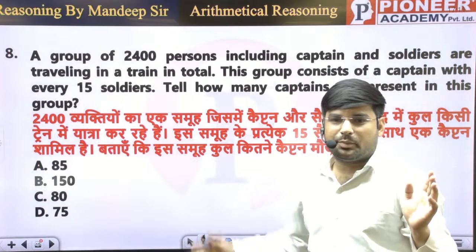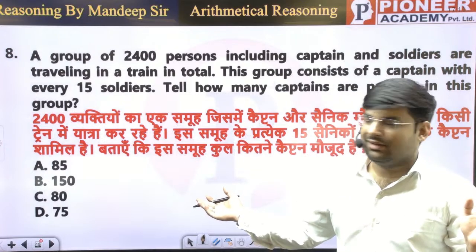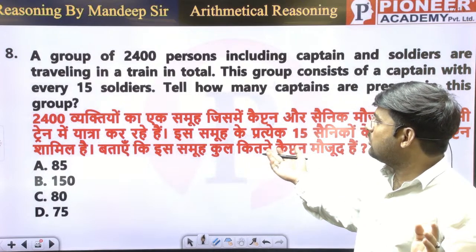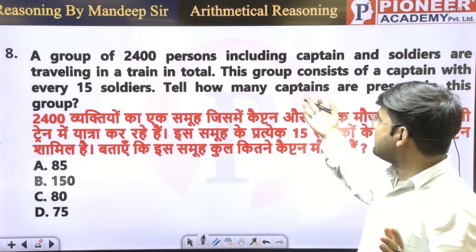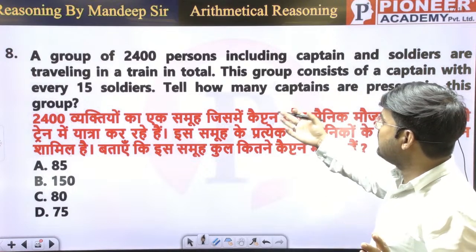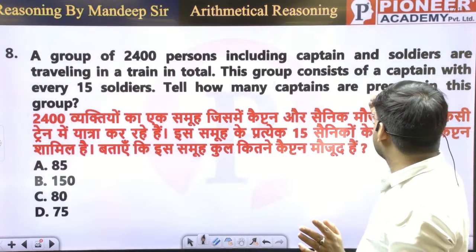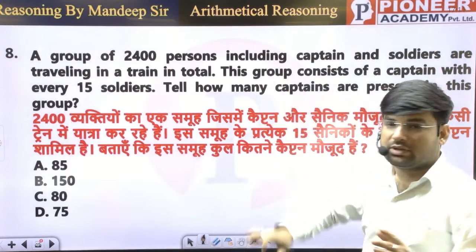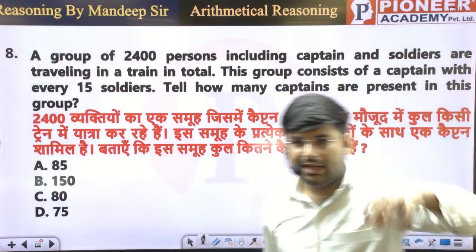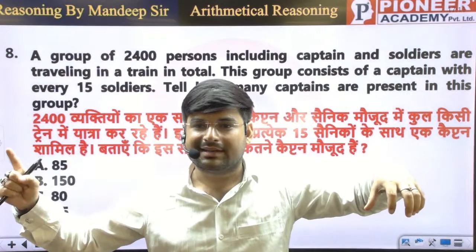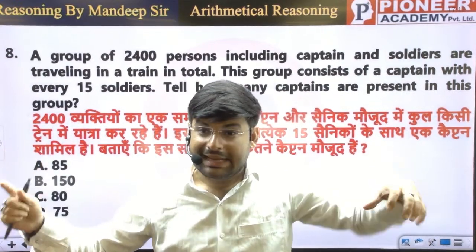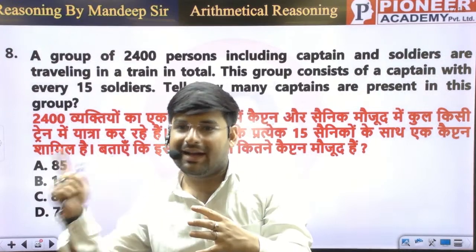It's quite similar to the previous one. A group of 2400 persons, including captain and soldiers, are traveling in a train in total. This group consists of a captain with every 15 soldiers. For every 15 soldiers, one captain. But in 16 persons, a captain.